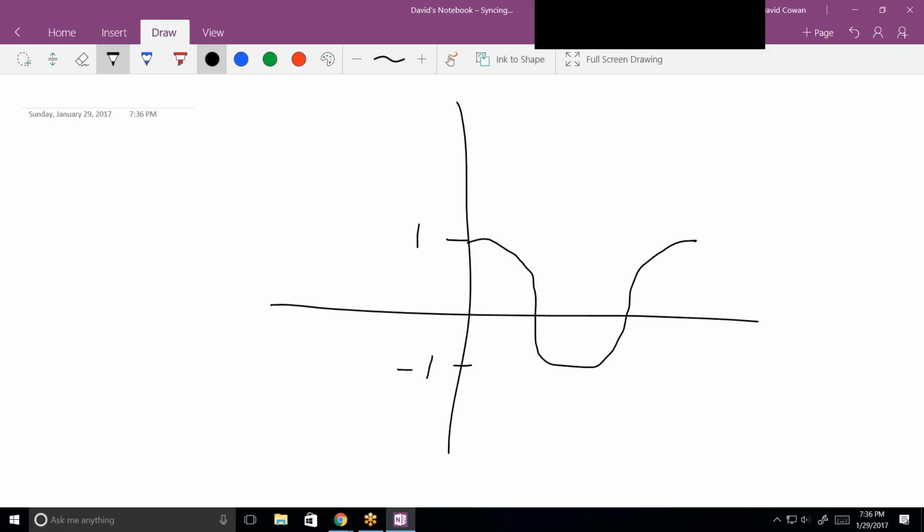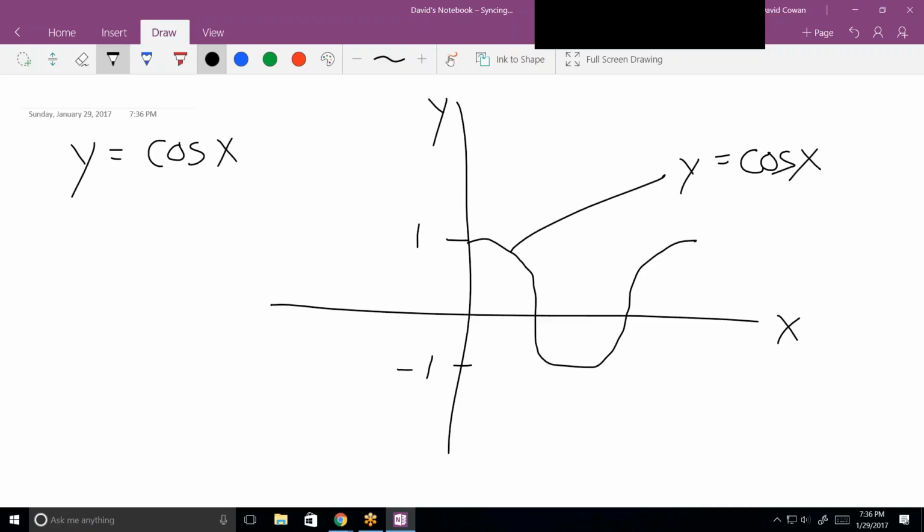So this function is y equals cosine x. And what is the function they've given you? Y equals cosine of x plus pi over 4. And that's in parentheses? Yeah. Okay.